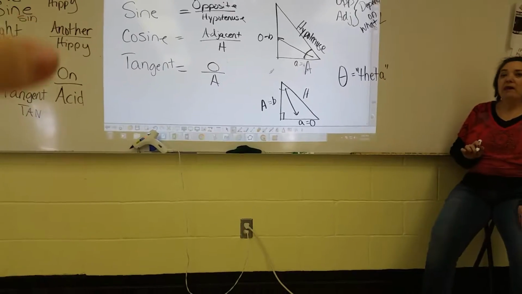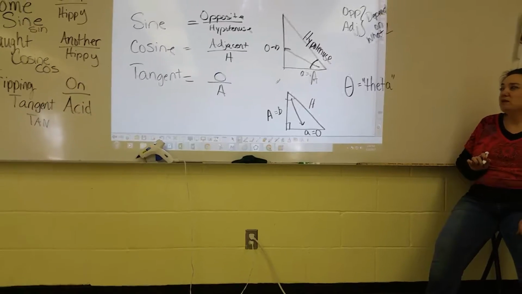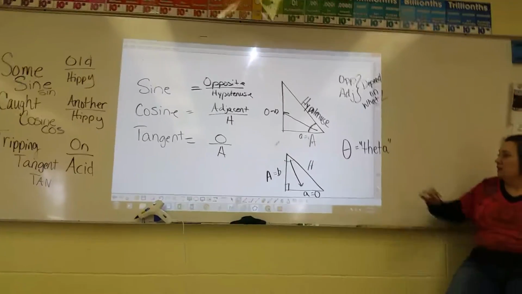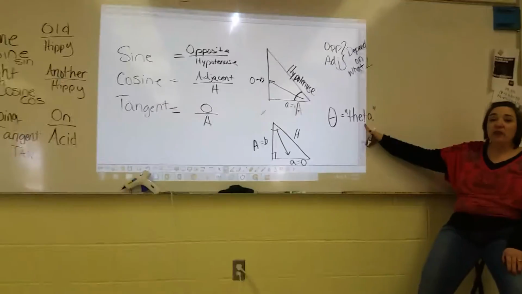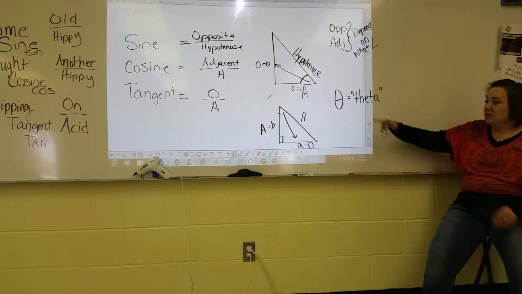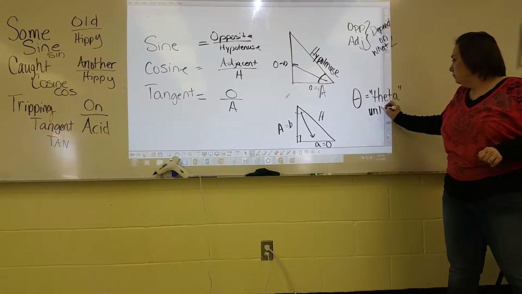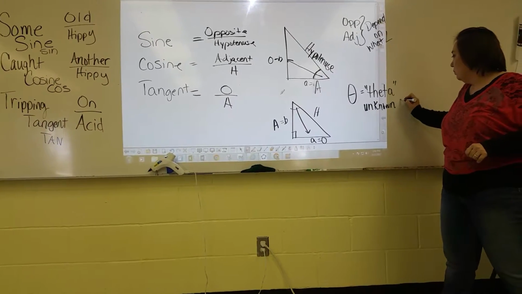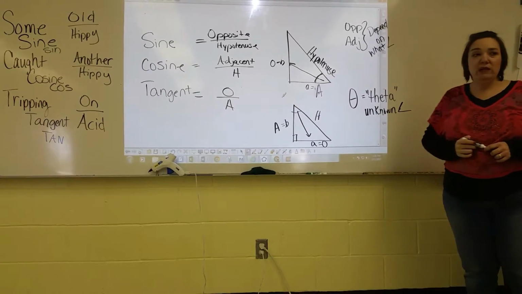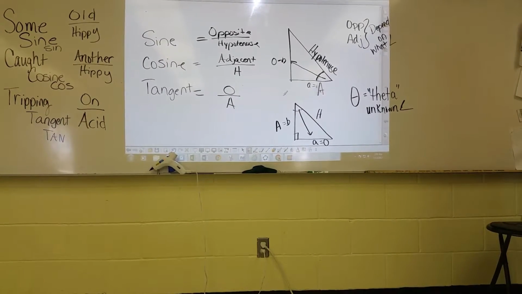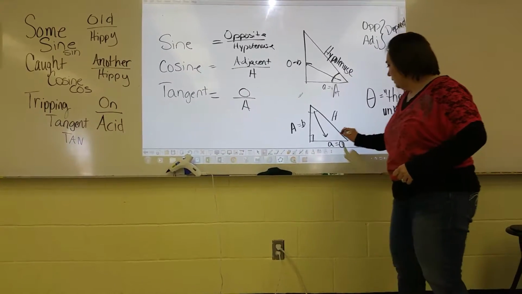This symbol, read as theta, is a Greek letter that we use to represent an unknown angle. Now, it's not the only one that can be used to represent an unknown angle, but it's the one we use most commonly.